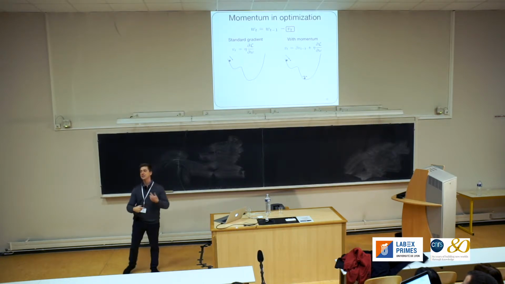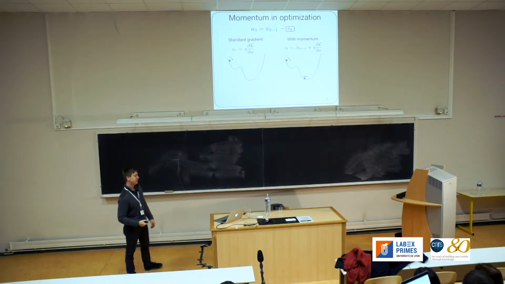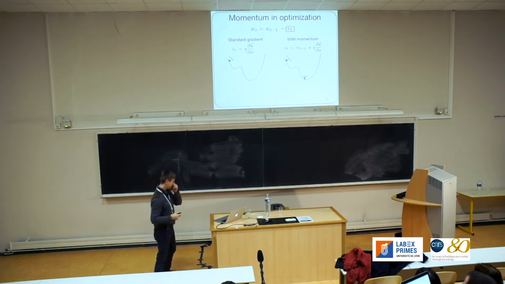This is momentum. And if at some point there is a bump, the ball will have the capacity to jump over the bump because it has momentum. It will not just stop there. Whereas in gradient descent, it would go down, but then the gradient would suddenly shift in the opposite direction, and then we would stop.